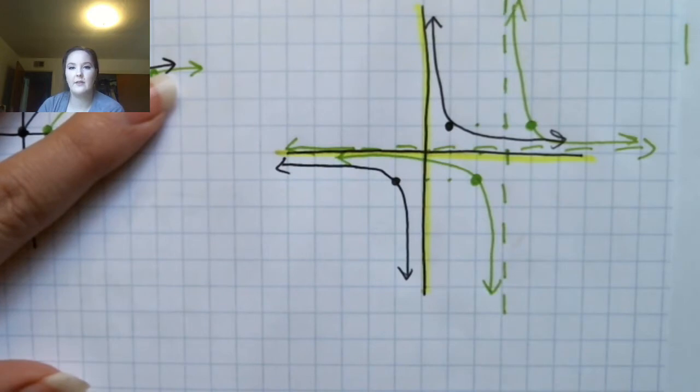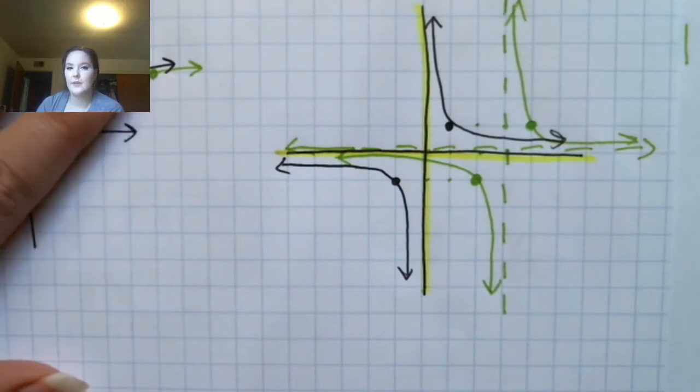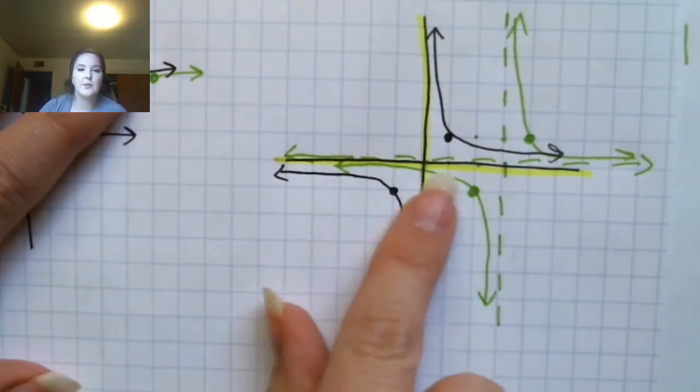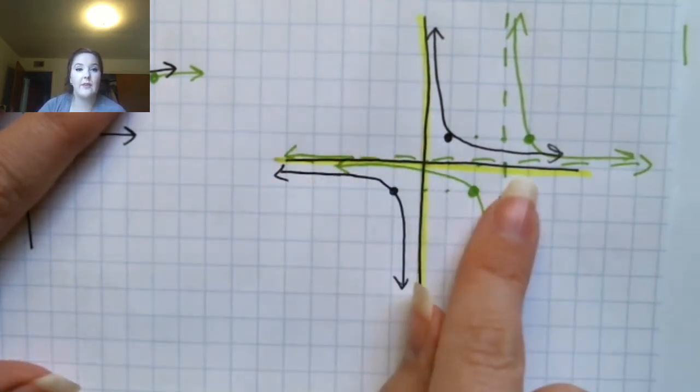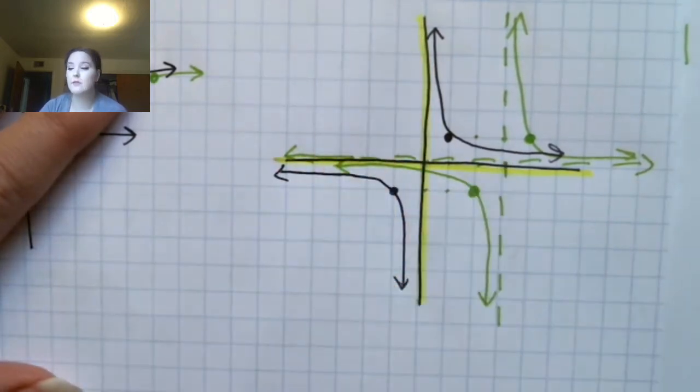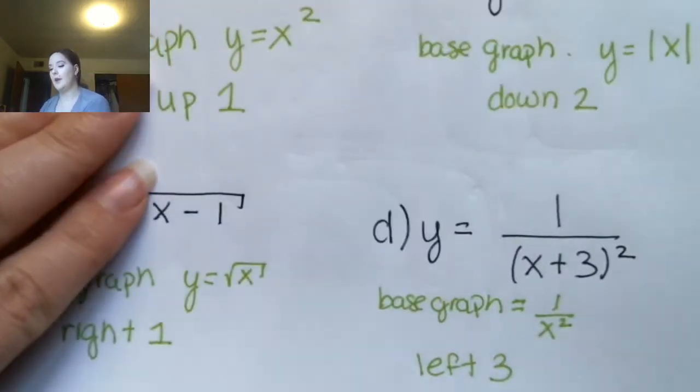So remember, when you're doing the transformations with these ones that have the horizontal and vertical lines, the transformations do affect those.